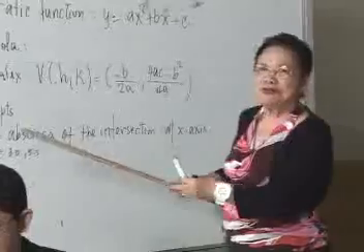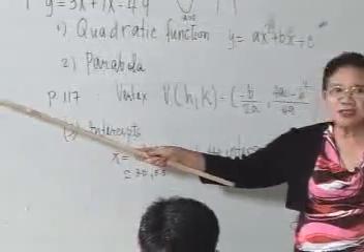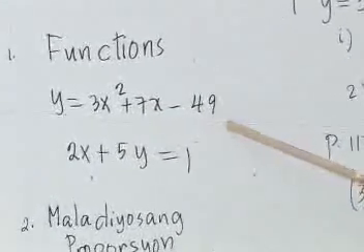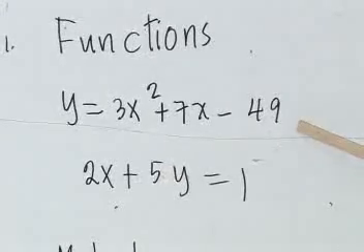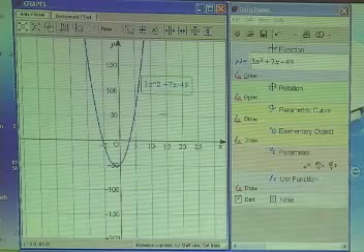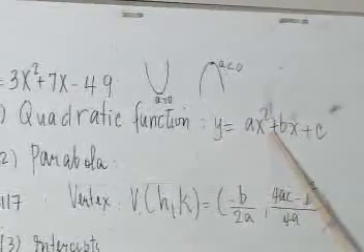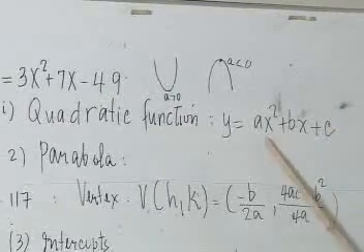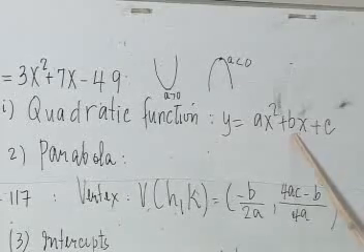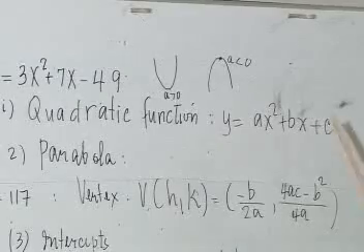We're going to start with our first example, a function y equals 3x squared plus 7x minus 49. When we graph that, in general, the quadratic function has this form: y equals ax squared plus bx plus c, where a is the coefficient of x squared, b is the coefficient of x, and c is the constant term, meaning there is no x.